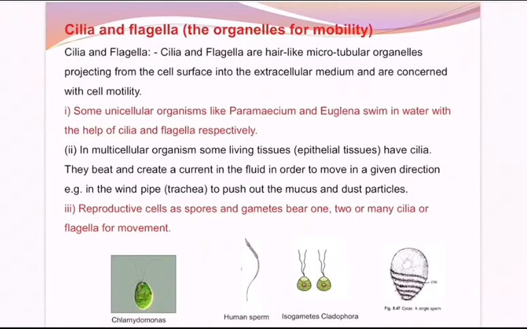Both cilia and flagella arise from basal bodies and are similar in chemical composition. They have basically identical ultrastructure and serve for locomotion. However, the two are distinguished by their number, size and mode of beating.